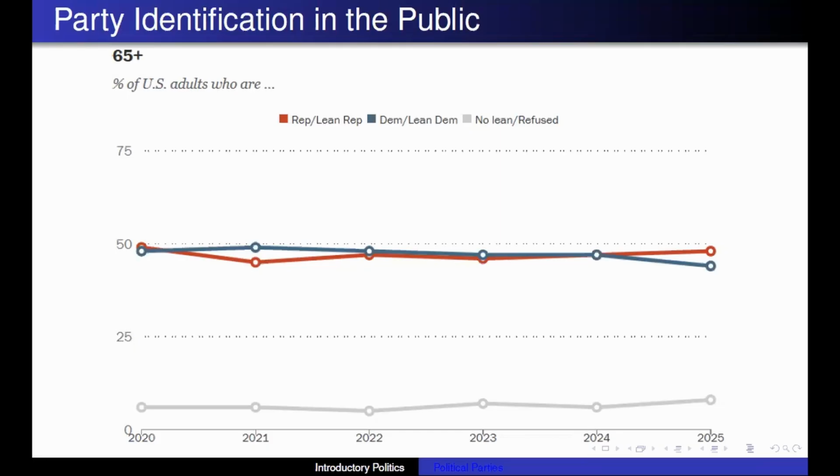So overall, we see this really interesting picture where youth voters tend to overwhelmingly identify with the Democratic Party. And then you see this flip a bit when you get into that 30 to 49 age demographic. But then after that, it's kind of 50-50 between our older age demographics.